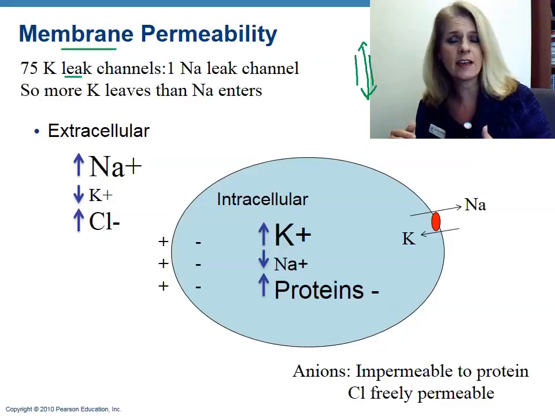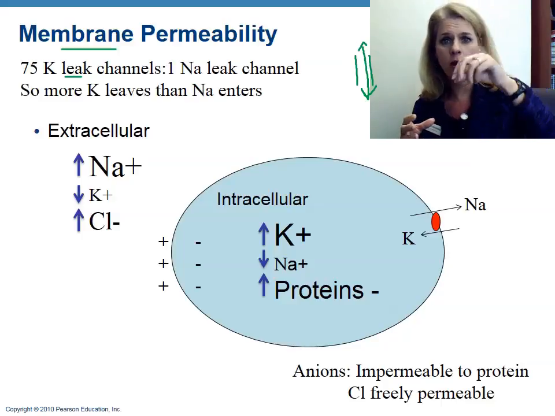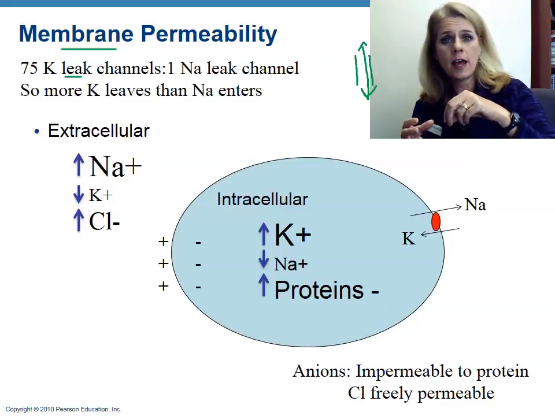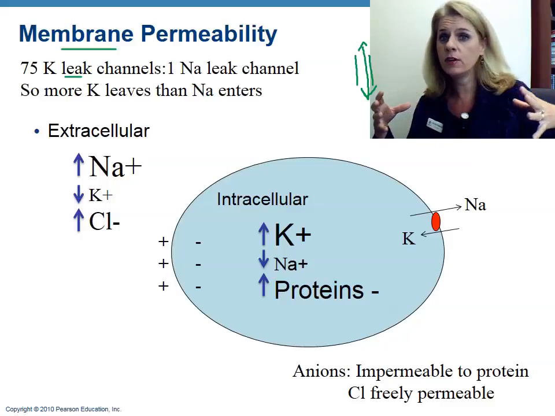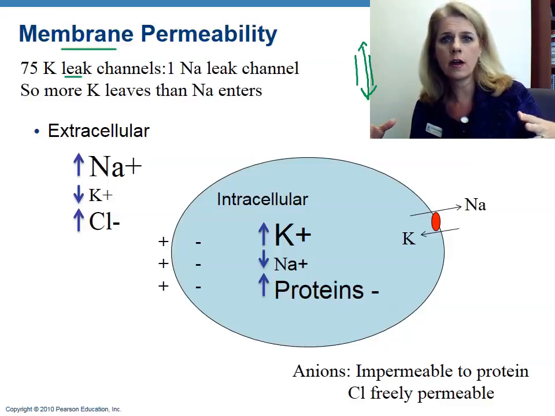Things can just leak down their concentration gradient. So think about diffusion, where things go from a high level of concentration to a low level of concentration. So for example, if you had a beaker of water and you dropped a red food coloring into that beaker, over time the red would diffuse from that high concentration from that drop throughout the water to the low concentration.